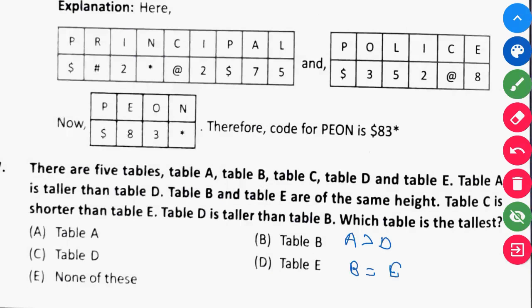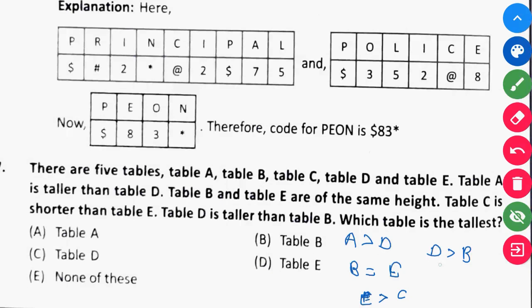C is shorter than E, meaning E is taller. Now D is taller than B. Now C is shorter than E, means C is also shorter than B.